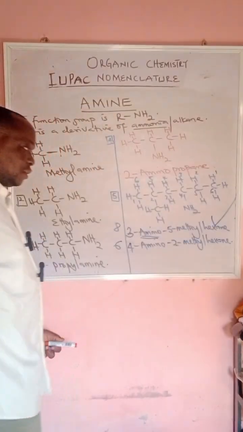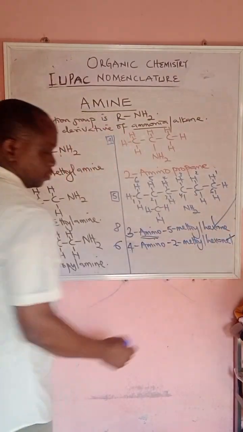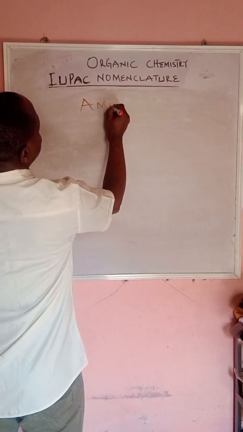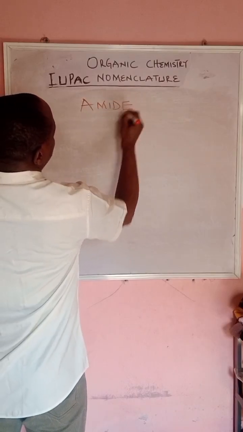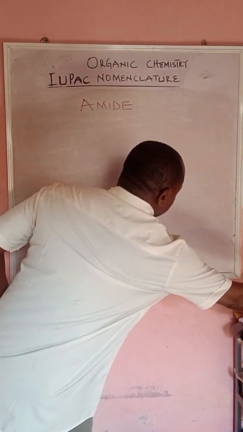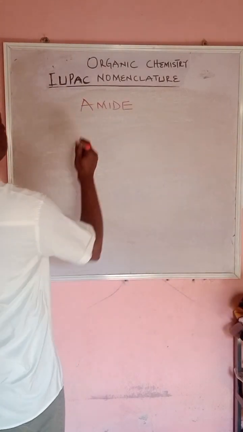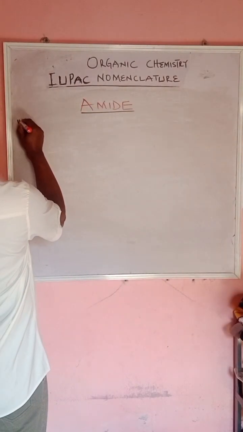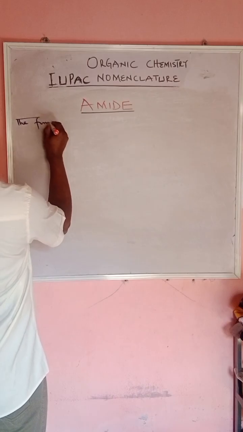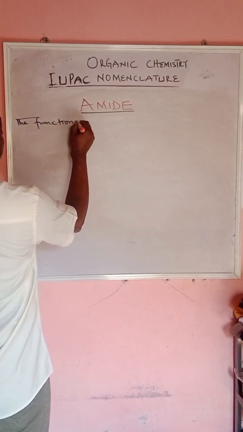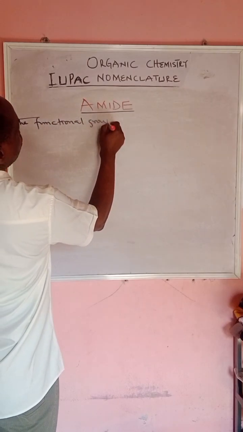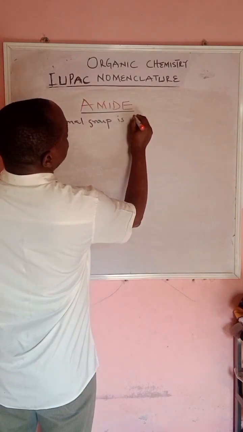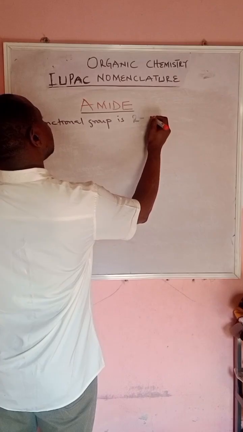So we are done with the meaning of amine. Now the amide. The functional group is RCONH2.